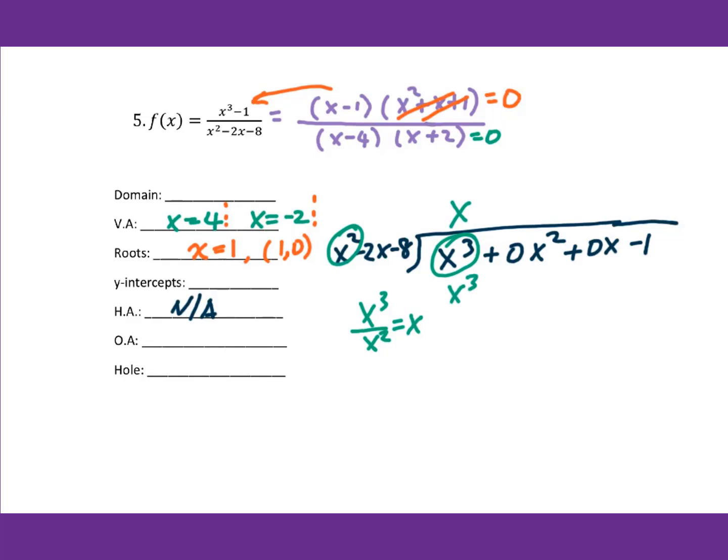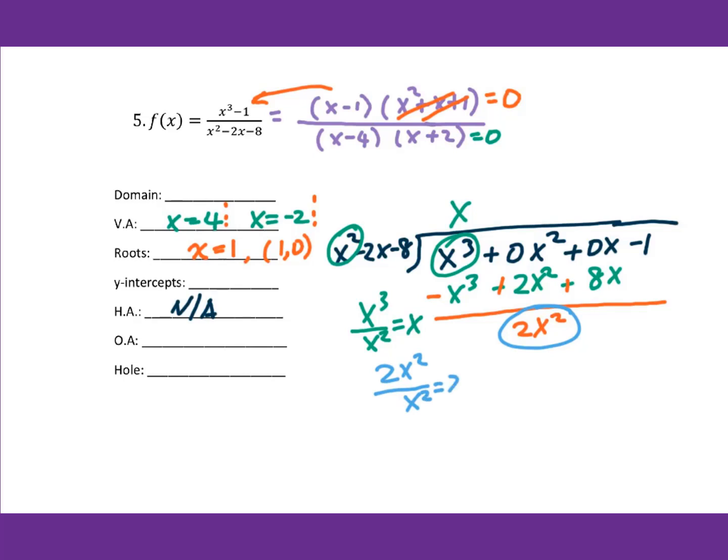Then x third power minus 2x squared minus 8x. Then change the sign, adding. You will get 2x squared. Then you can stop, because from 2x squared, you will get 2. Plus 2, this will be the quotient. So y equals x plus 2 will be the oblique asymptote line.